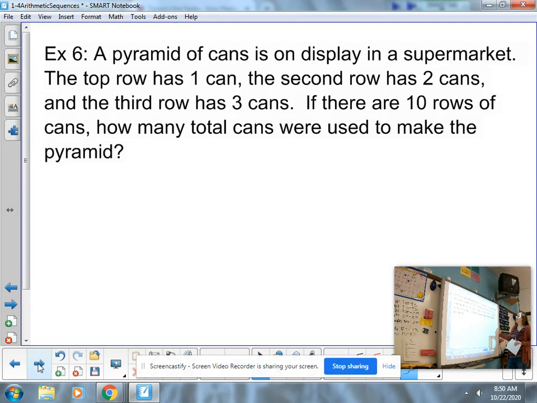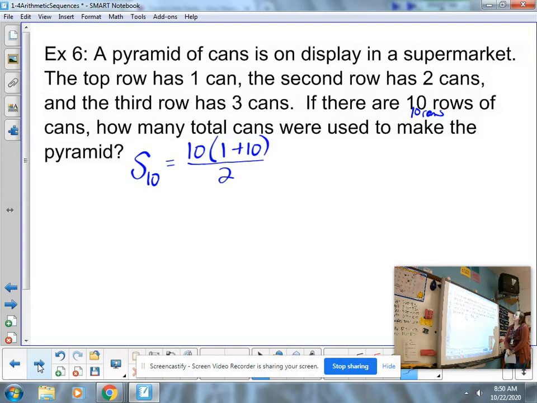Well, because these match up so easily, the first row has 1, the second row has 2, third row has 3, the 10th row is going to have 10 cans. So to do our sum formula, we know we're going to have 10. It's going to be 1 plus 10, and then divided by 2.